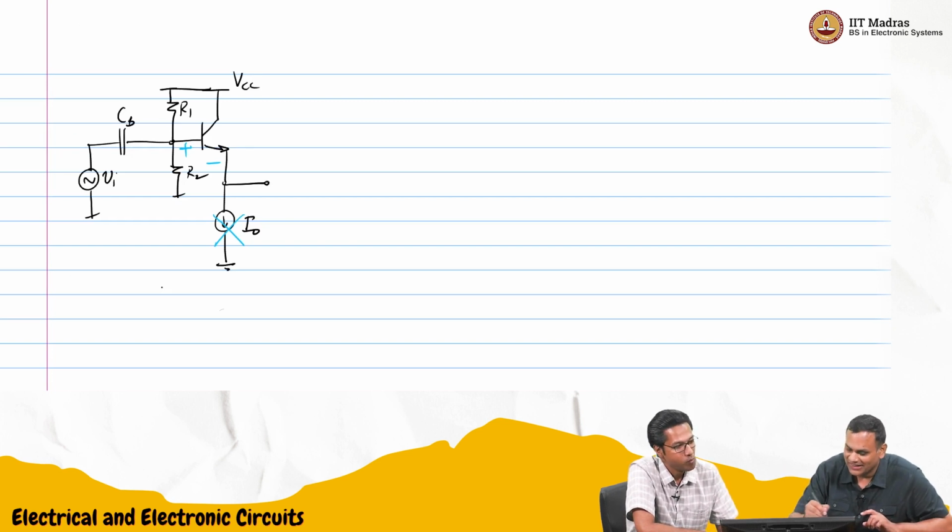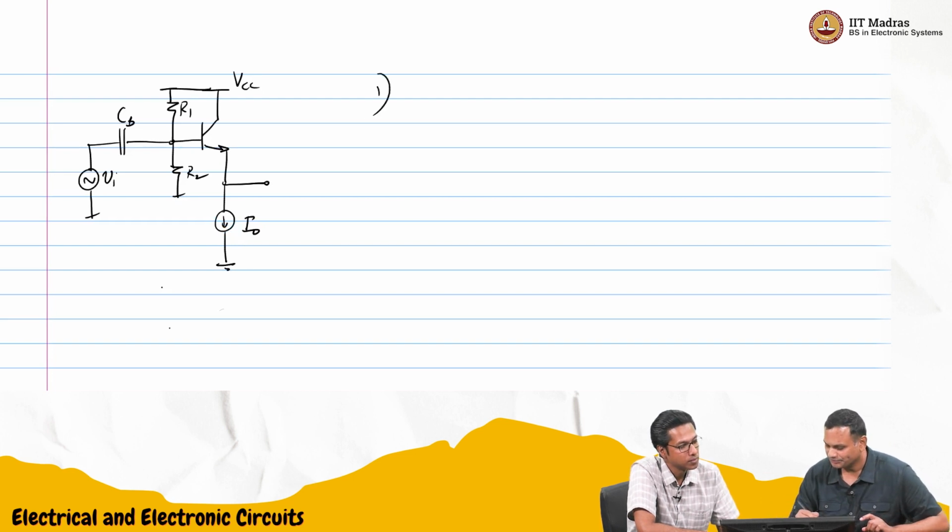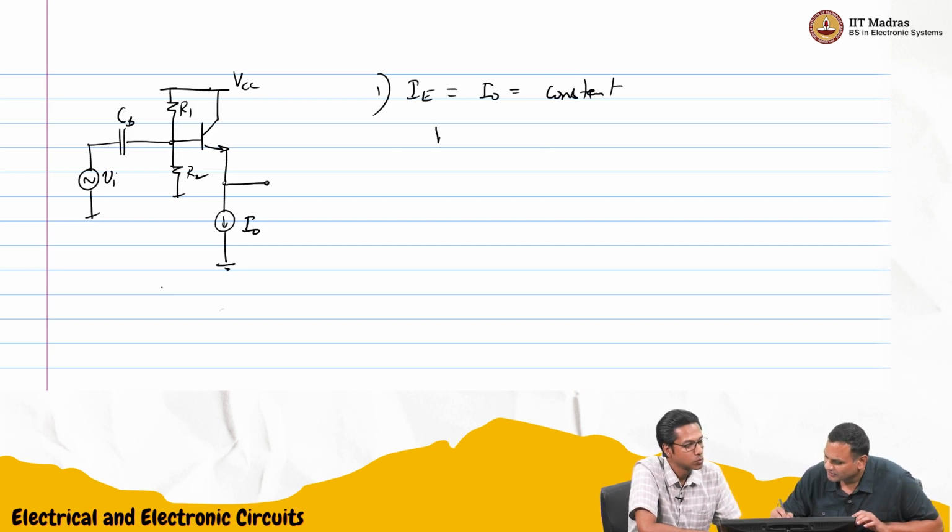So let me write down the logic like this. So we will say that I naught is constant. Which means clearly VBE has to be constant.